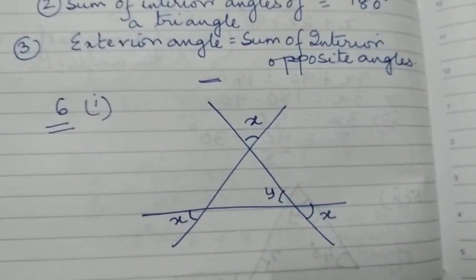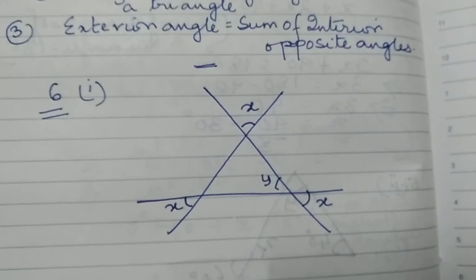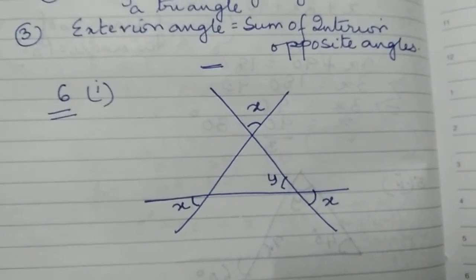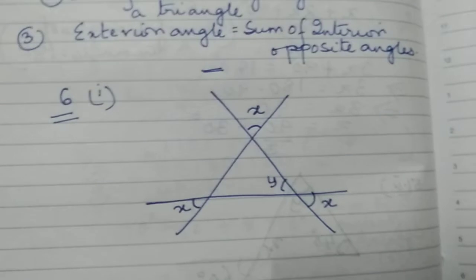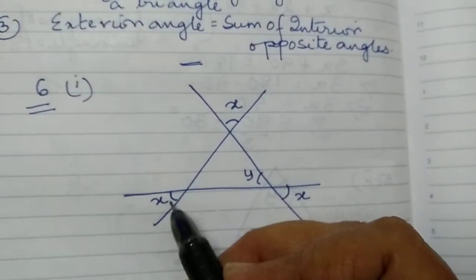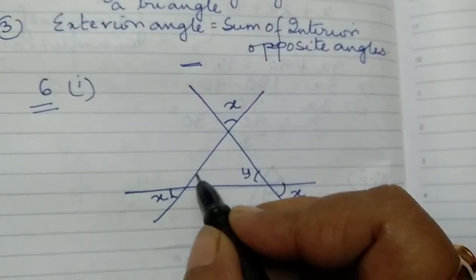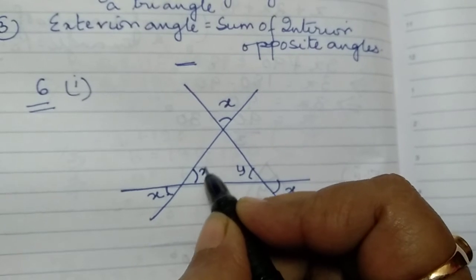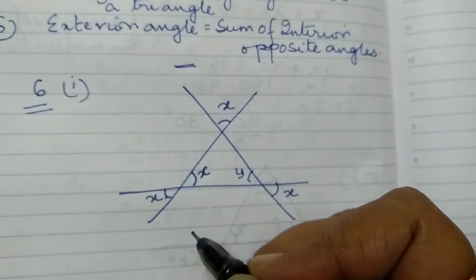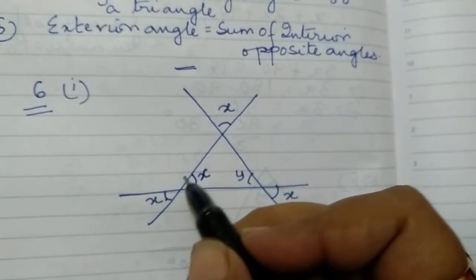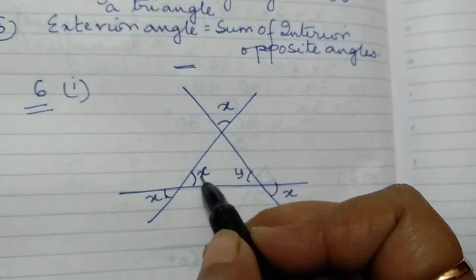So see, in this question, you are supposed to find the value of x. Now, see very carefully, if this angle is x, then this angle will also be x. This is vertically opposite angle.